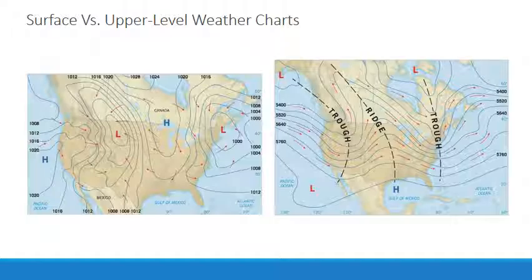They are the elevation of the 500 millibar surface. So rather than show variations in pressure at fixed heights, upper level charts are more like topographic maps. That is to say that the contour pattern reveals the hills and valleys of one constant pressure surface, in this case the 500 millibar surface.